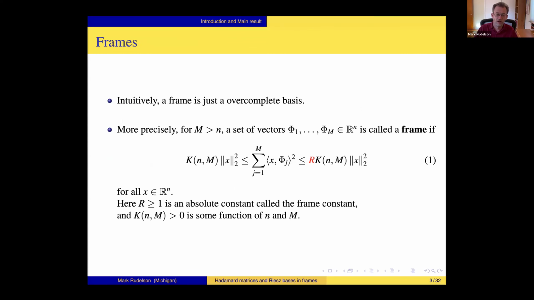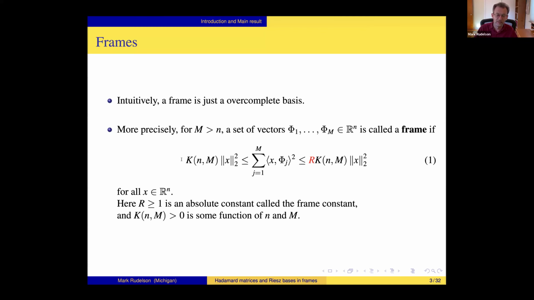So let's call a system of vectors phi a frame if we can approximately represent the Euclidean norm of any vector using the inner products of this vector against our system. And if we can do it with the norm of the vector, we can do it with the distance between two vectors.